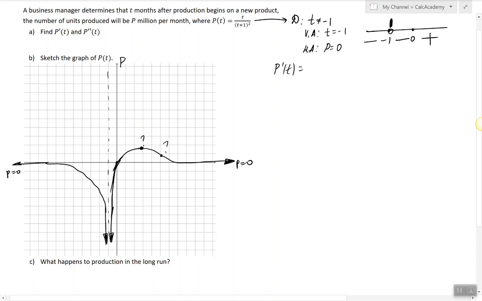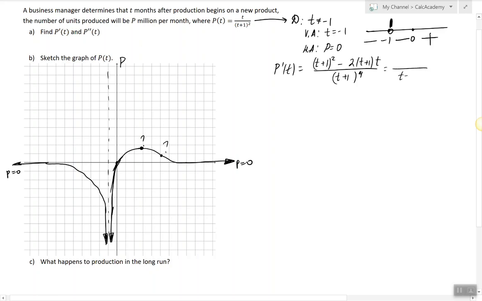So the derivative of this function is the derivative of the numerator times the denominator minus the derivative of the denominator times the numerator, divided by t+1 to the power 4.